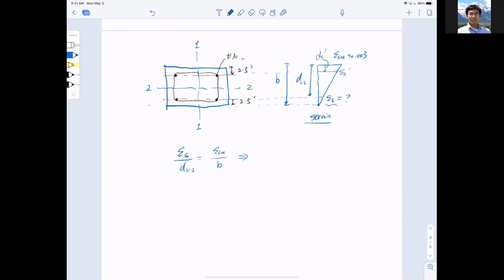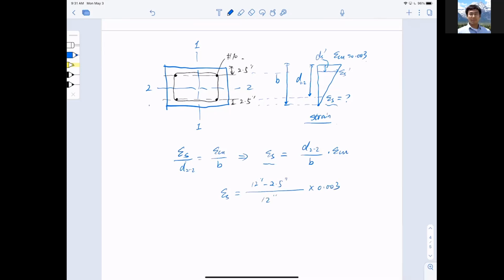So epsilon s, which is in compression, equals d2 divided by b, multiplied by epsilon cu. What is d2? It is b minus 2.5 inch, and the b width is 12 inches, divided by another b, 12 inches, multiplied by 0.003.